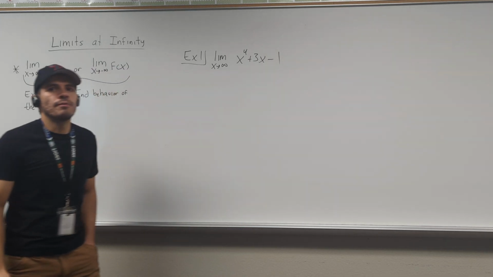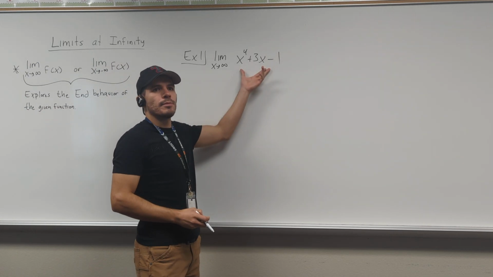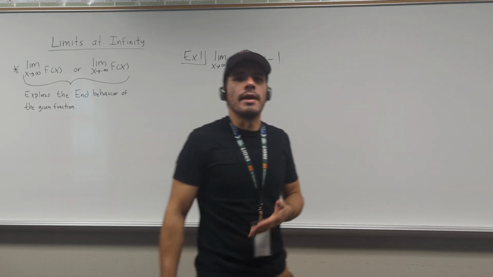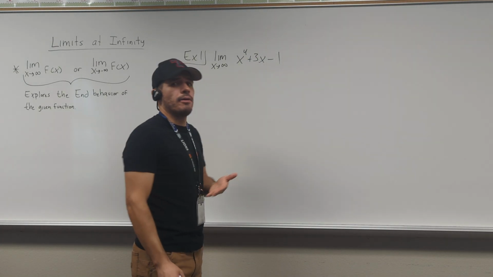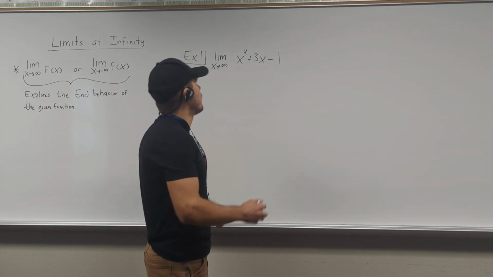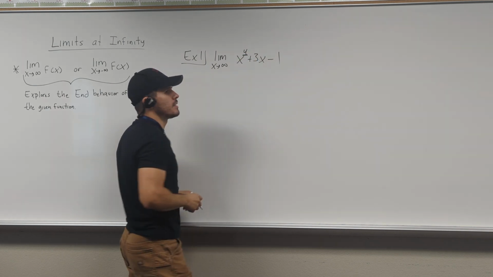First things first, from pre-calculus, hopefully you remember this is a polynomial, and a polynomial is a function that is continuous and smooth. Back in pre-calculus, hopefully you were taught how to figure out the end behavior, so I'm going to use that. You analyze what the power is, which in this case is even.